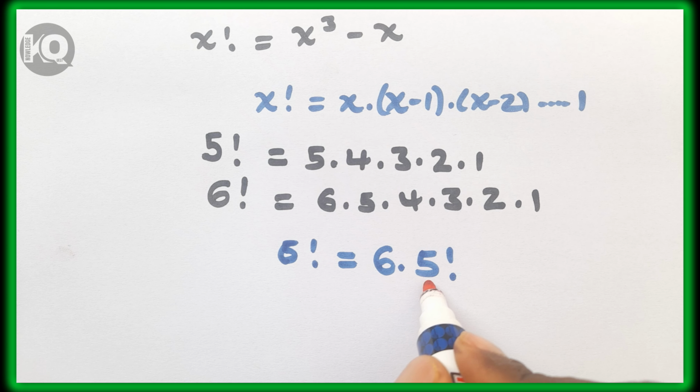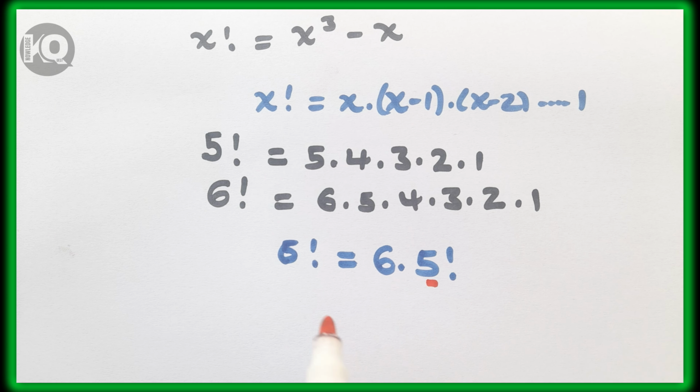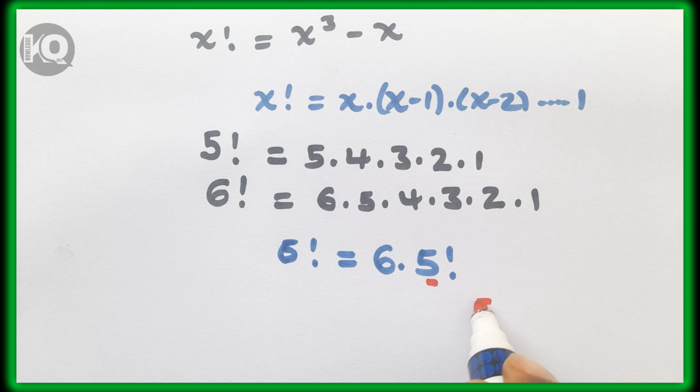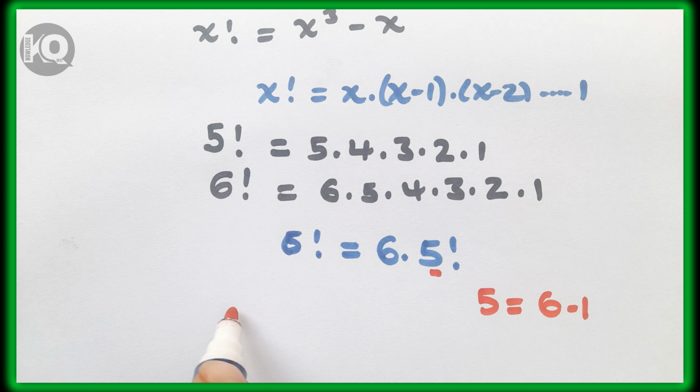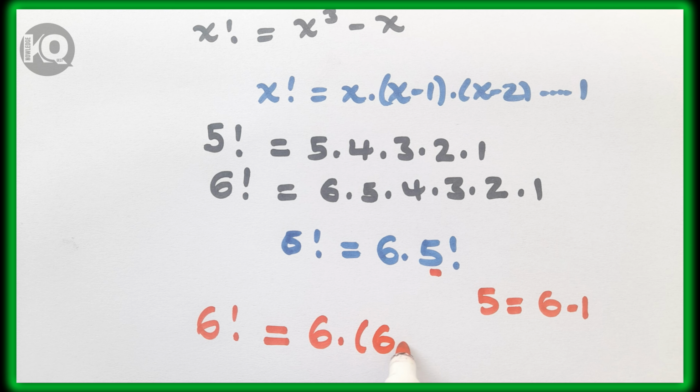Let's express 5 in terms of 6. So 5 will be 6 minus 1. So this 6 factorial is equal to 6 times 5, meaning 6 times 6 minus 1 factorial.